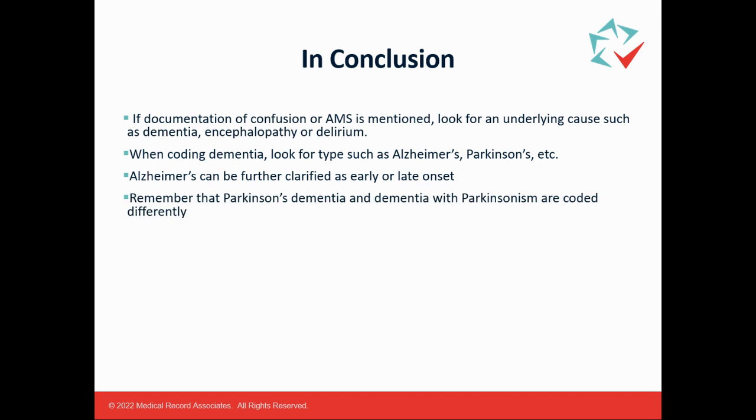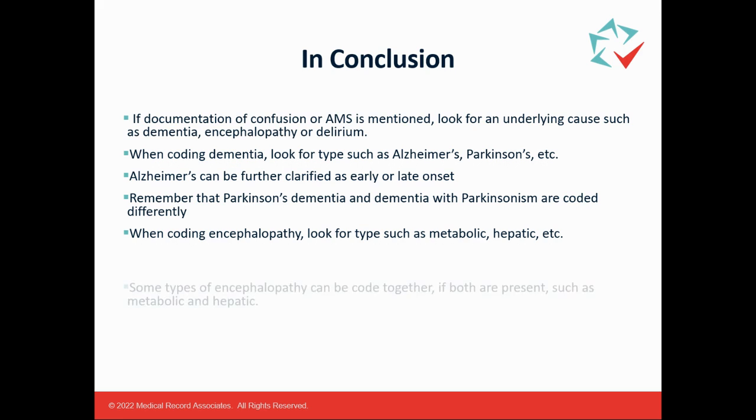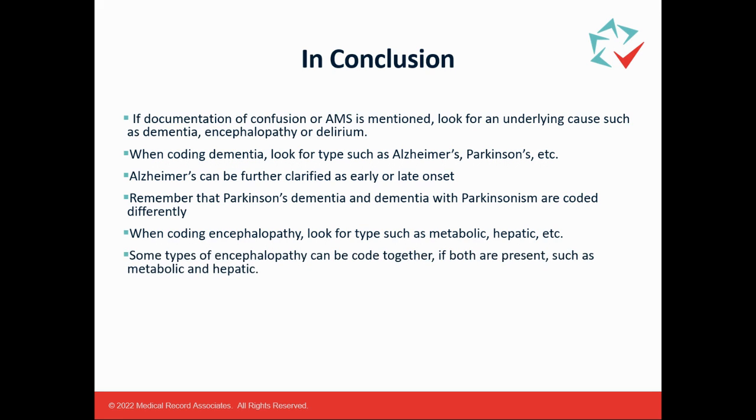Remember that Parkinson's dementia and dementia with Parkinsonism are coded differently. When coding encephalopathy, look for the types such as metabolic, hepatic, etc. Some types of encephalopathy can be coded together if both are present, such as metabolic and hepatic.